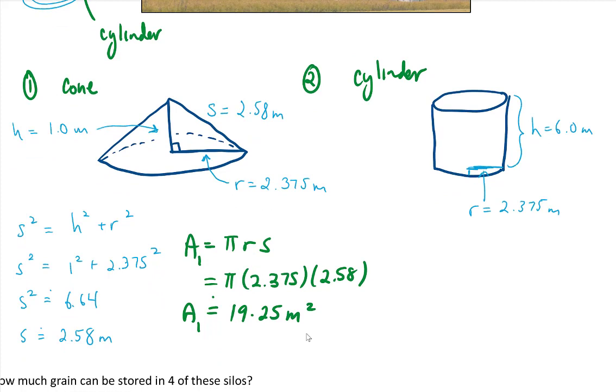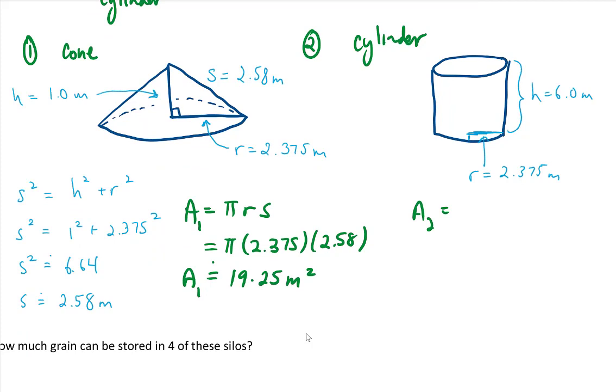So using again our formula, the area of part 2, the outside of the cylinder, is 2 pi r h. So that's 2 pi times 2.375 times 6.0.